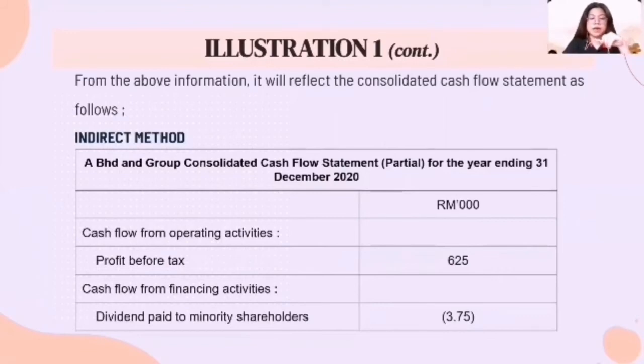As you can see here, the dividend paid is 3.75. The formula is 30%, which is the percentage of the NCI, multiplied by the total dividend. The total dividend is 12.5, which can be obtained from the previous slide in the statement of changes in equity for B Berhad. That's all from my part.